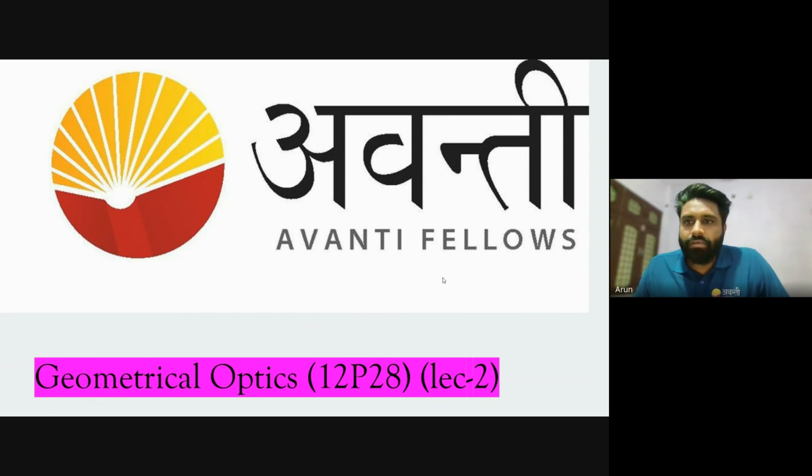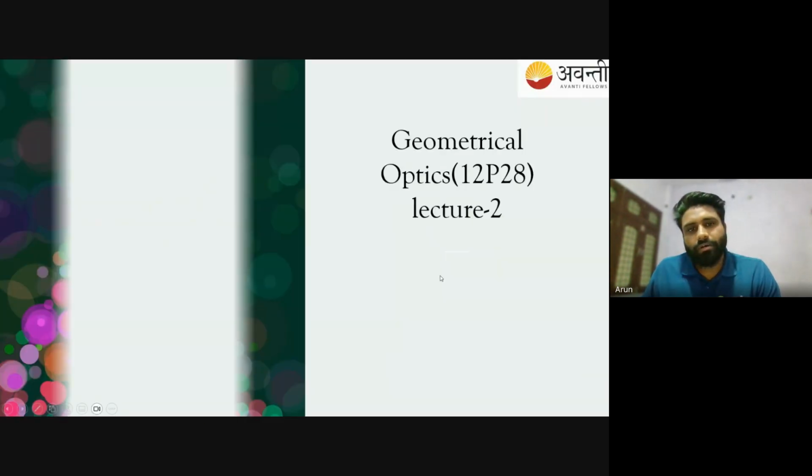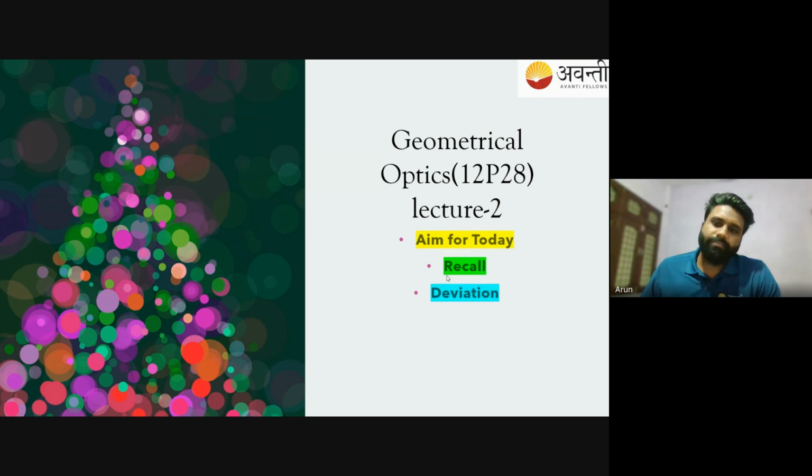Okay. So here we are with lecture number 2 of geometrical optics. What is the aim for today in our class? We will recall things that we have done in lecture 1. Then the deviation part that was left in lecture 1 is added in this lecture.